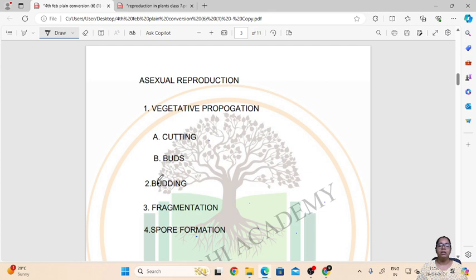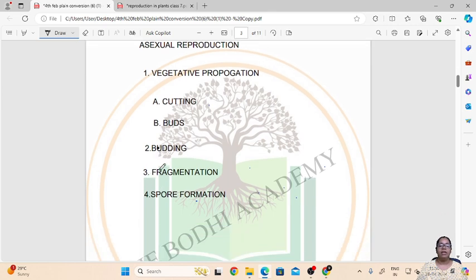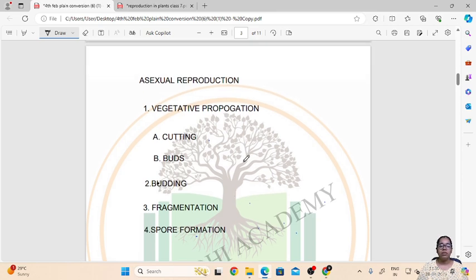Then comes the second process, that is budding. We have seen the example of yeast. Then we have seen fragmentation, how the fragmentation process takes place in algae, and spore formation, and how spore formation helps in asexual reproduction in fungus and in ferns and mosses. So this was about asexual reproduction and how it takes place in plants.